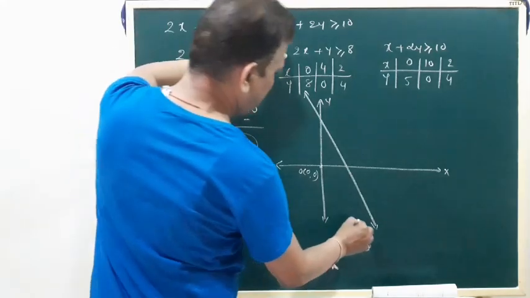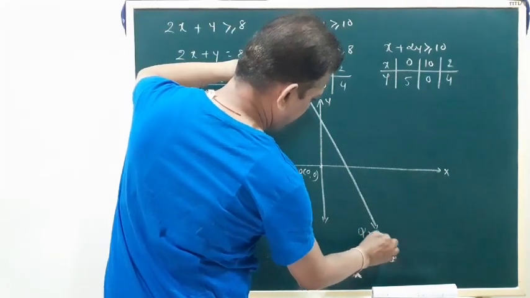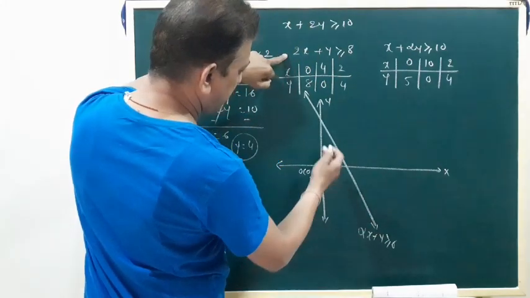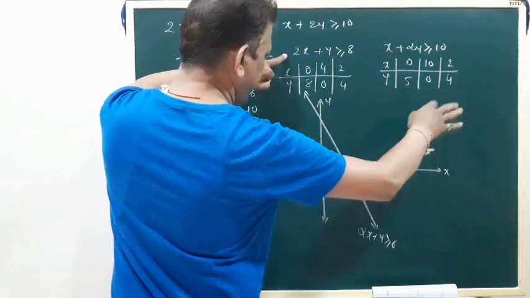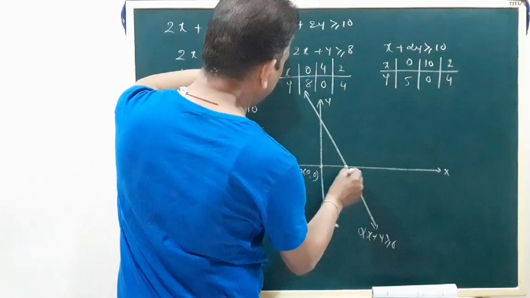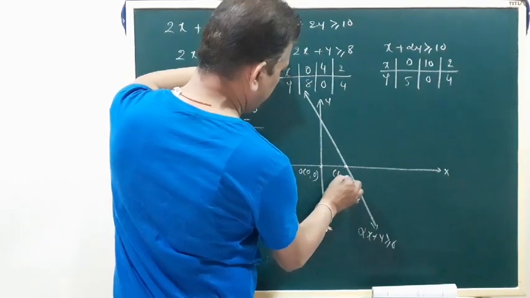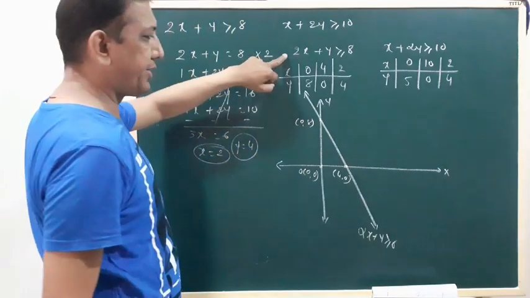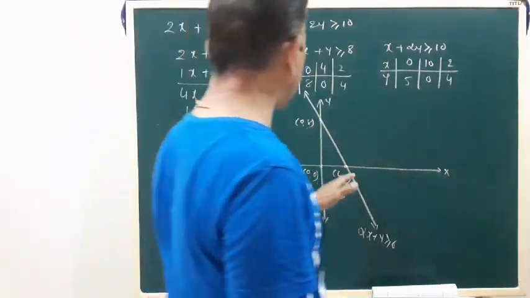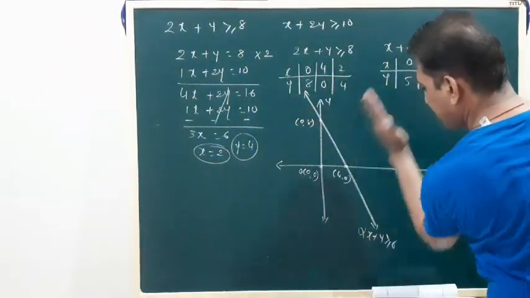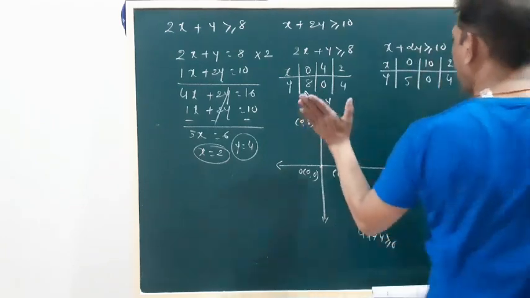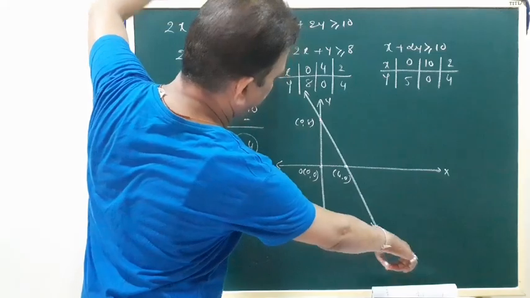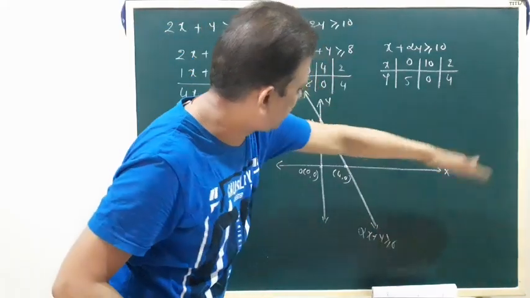First graph, 2x plus y greater than or equal to 8. It does not satisfy 0, 0, so not the lower part, but the upper part of this graph. The intersection points are 4, 0 and 0, 8. In this graph we take the right side part, this portion. You can extend it up to infinity and draw the right side part.